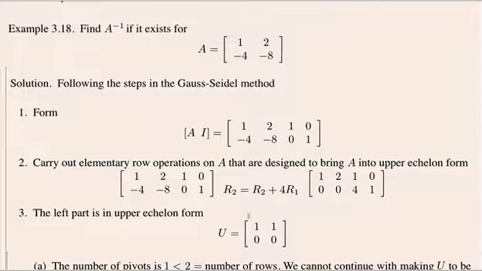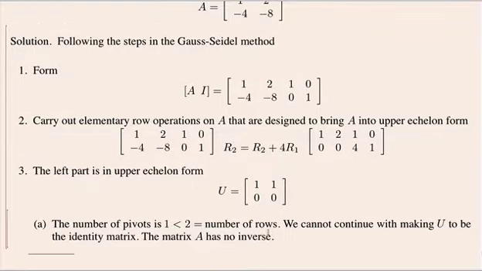This is in upper echelon form, and the left part is also in upper echelon form. But since the number of pivots is 1, which is less than 2, the number of rows, that means we cannot continue with making U the identity matrix. And that means that at this point, the whole process breaks down, and that means the matrix A has no inverse.